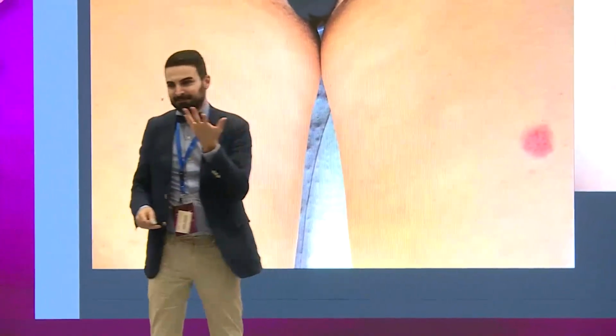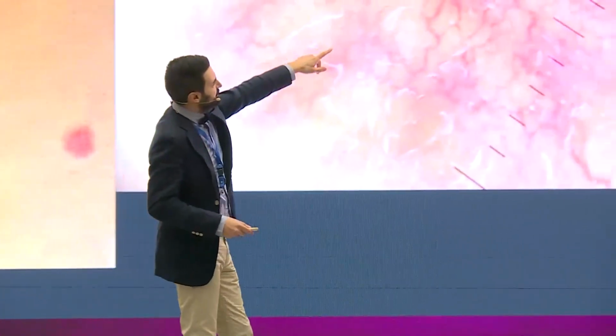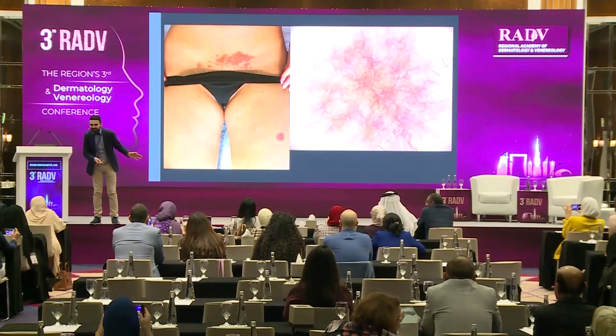But we have some yellow, but look at the vessels. They are serpentine vessels and branched. Actinic keratosis?